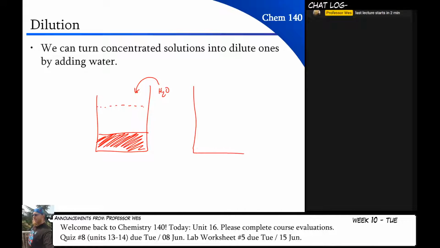Then what the solution will look like is now its volume will be up here. But that same amount of stuff in there will be far less concentrated. So we'll go from concentrated to dilute. So that's the logic behind it.